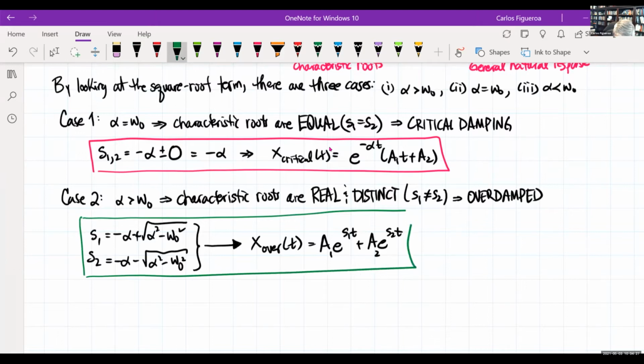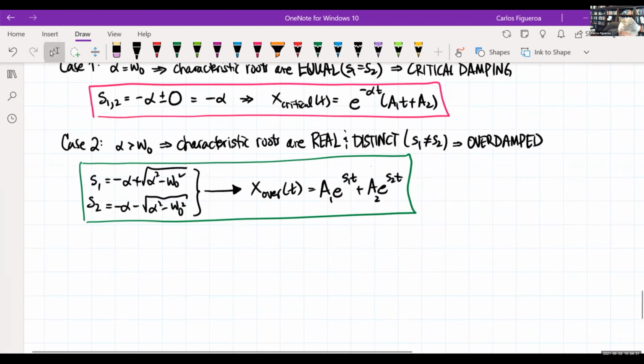And then our final case is case 3, when alpha is less than omega naught. In this situation here, you're going to find that the characteristic roots are what? They're complex instead of real.